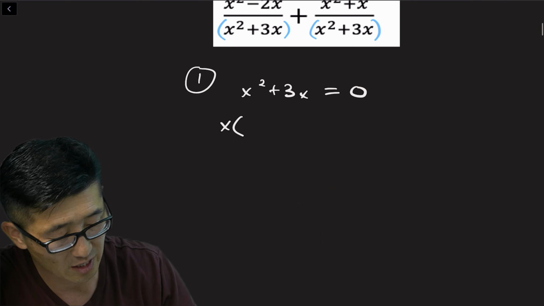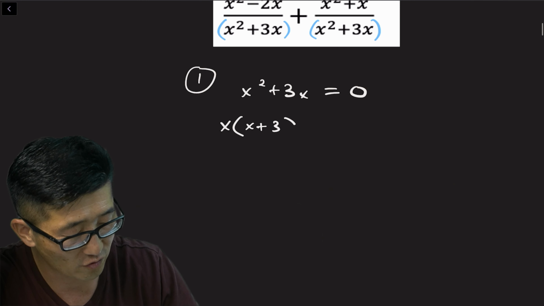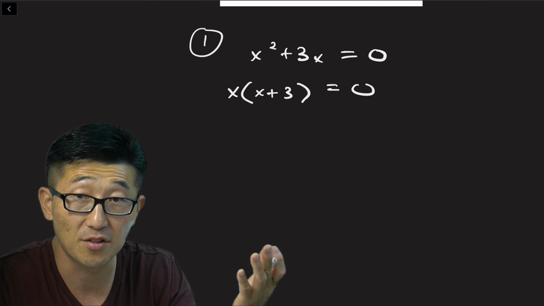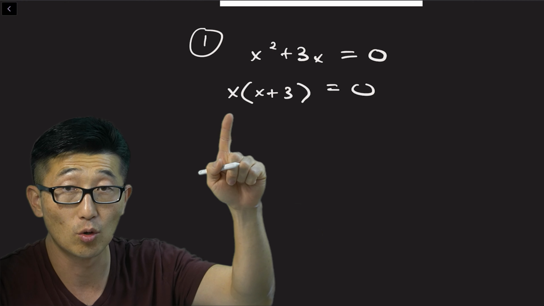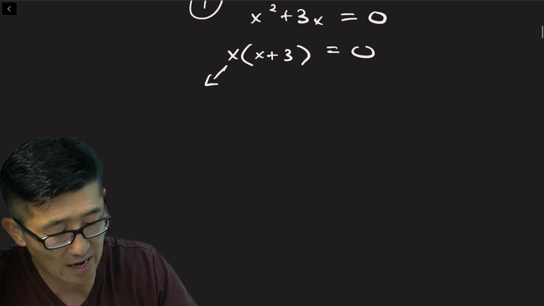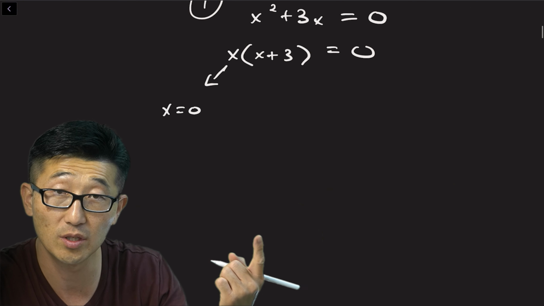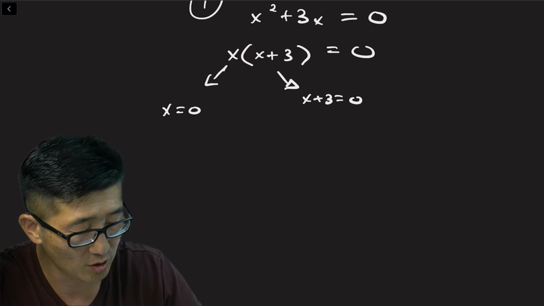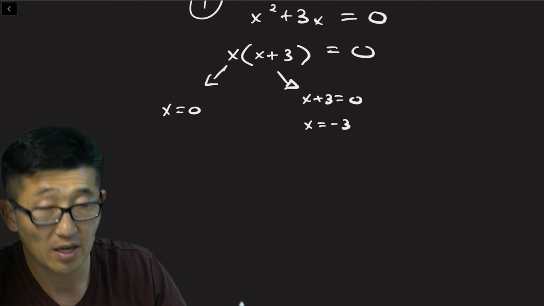So you write x times x plus 3, you factor it out. And we use the zero factor theorem. When you have factors or terms that are multiplied equaling 0, you set each factor equal to 0. The first one, x equals 0. The second one, x plus 3 equals 0, x equals -3.